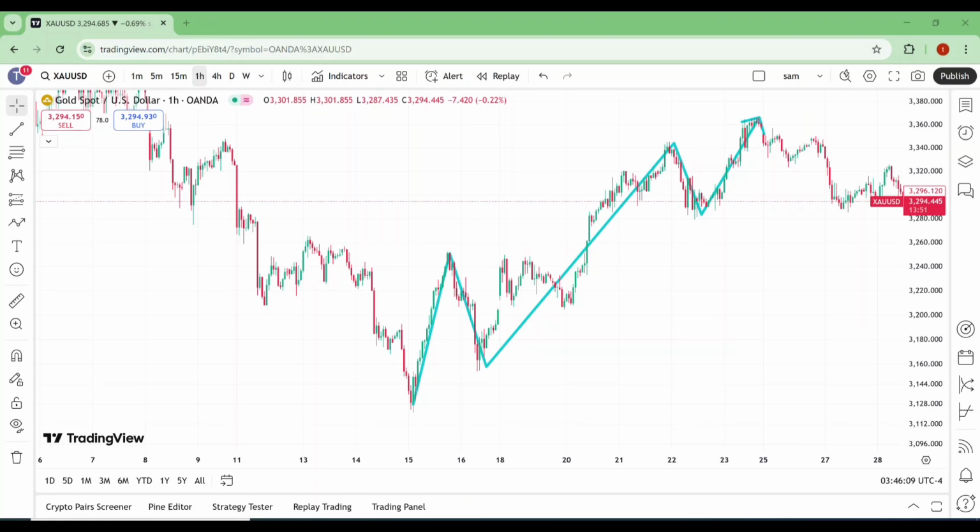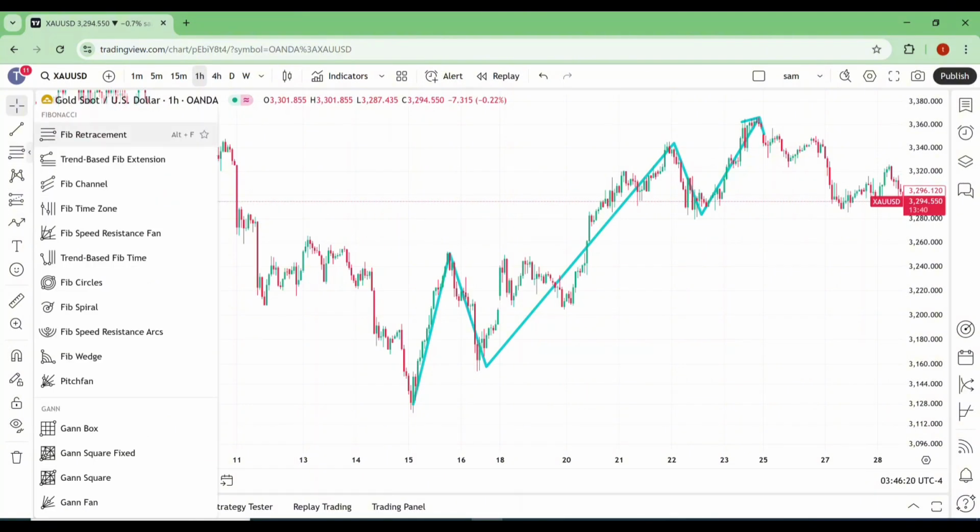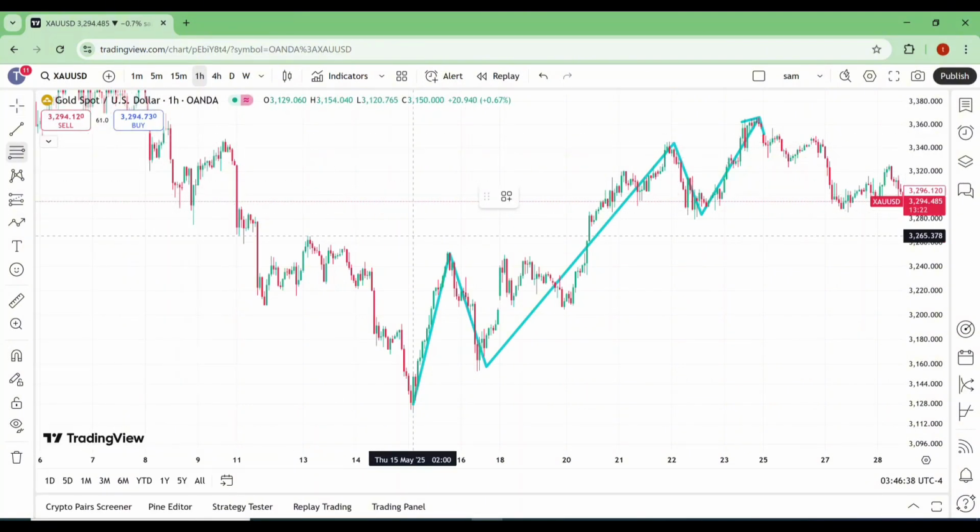The premium and discount zones are drawn using the Fibonacci retracement tool. Place the Fibonacci from the end of the move to the beginning.